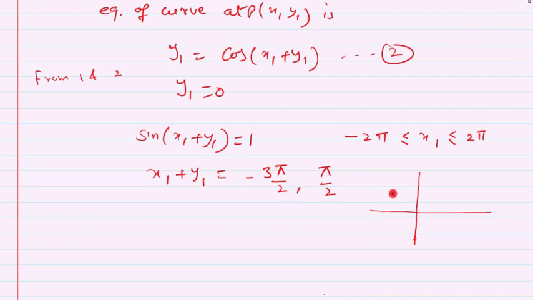Again, let us come to the next. For minus pi by 2, sin(minus pi by 2) will be minus 1. So we will leave this value.